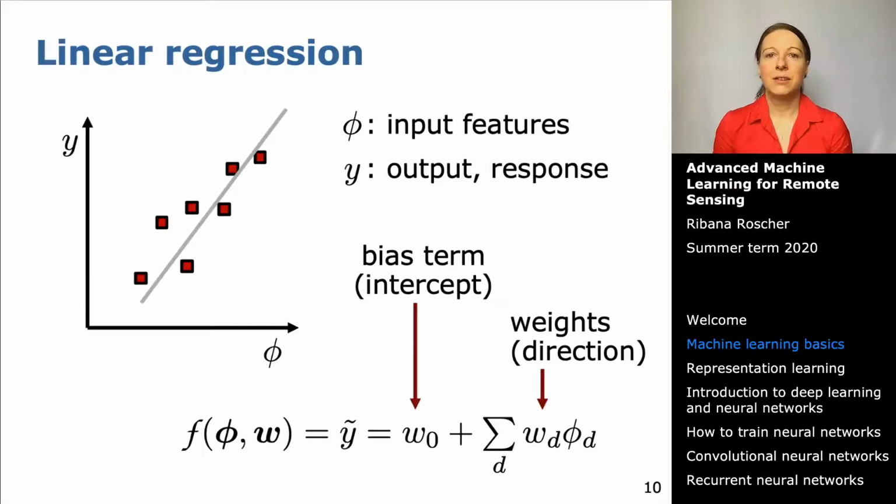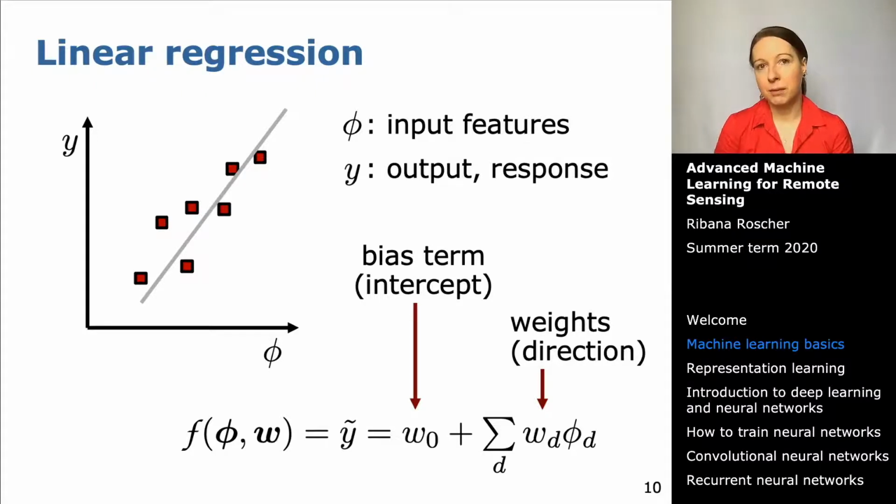So let's have a look at how we can learn a linear regression model. You are given your observations phi, collected in feature vectors, and the outputs y. The red points are your observations, and in our case they are one-dimensional. What we want is to derive a regression model indicated by f. f depends on feature vectors and some parameters w.